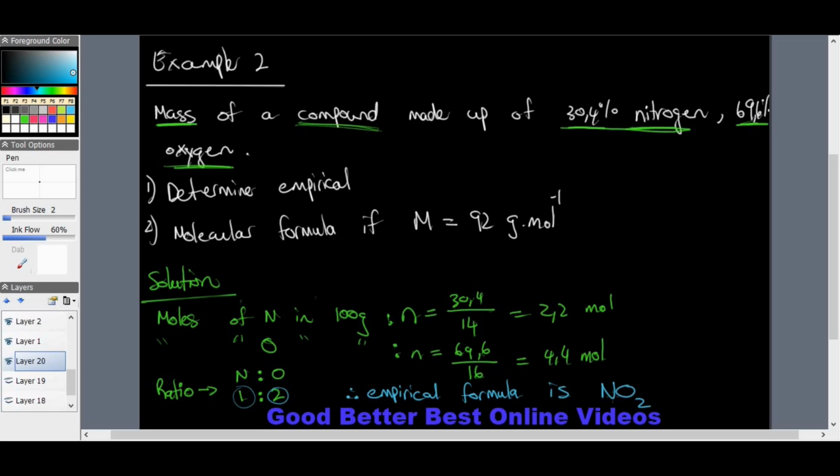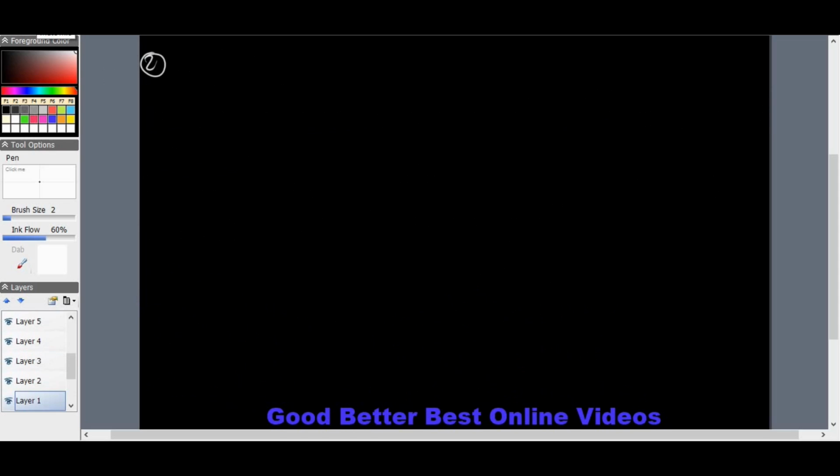Okay, that's for number 1, which was determine the empirical formula, and that's how we begin to find the empirical formula, by assuming that these percentages are out of 100 grams. So we turn them into mass. So 30.4%, 30.4 grams.